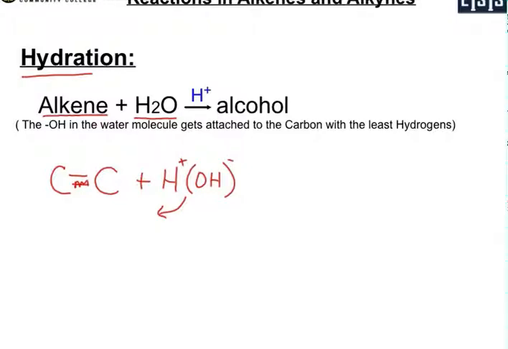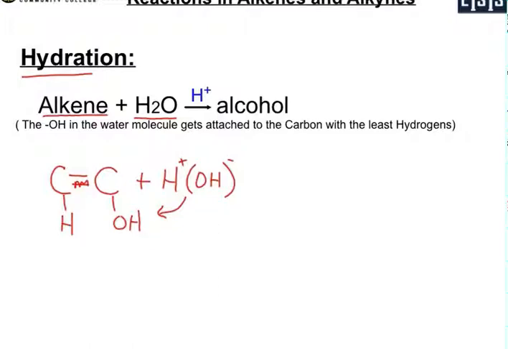Only now we don't have two identical atoms or ions coming in to replace that double bond. Here we have a hydrogen and the hydroxide coming in. So you're going to get a hydrogen on one carbon and the OH on the other carbon.